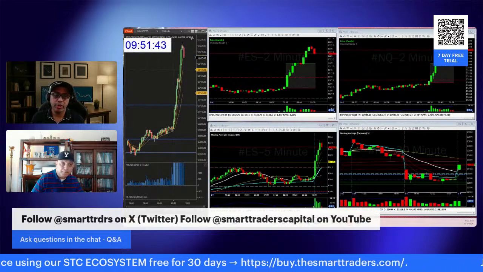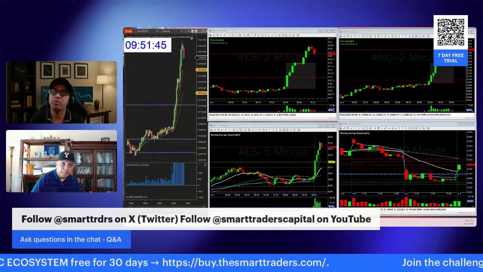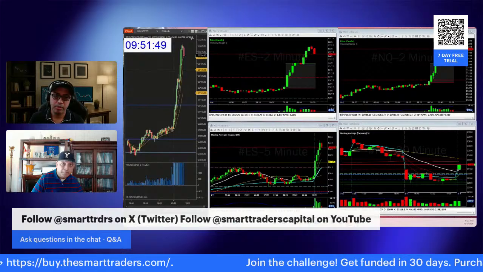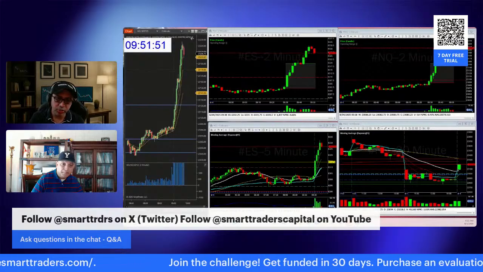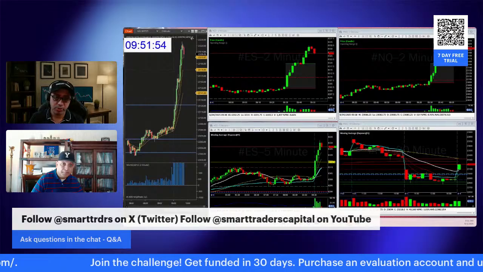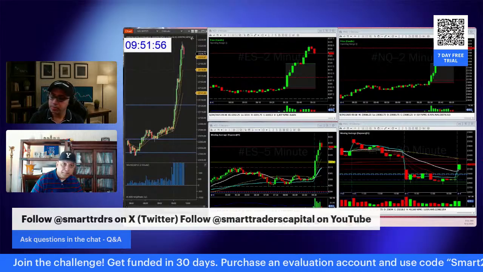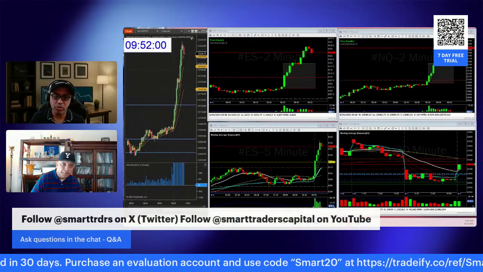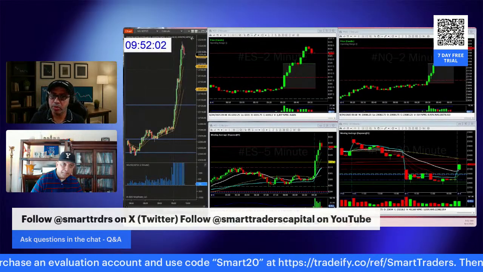This is the first pullback coming down after the indecision candle. Let's see what it does. If it's going to break under 23,200, I'm going to go short. If it's not going to break under 23,200, I'm not going to go short.